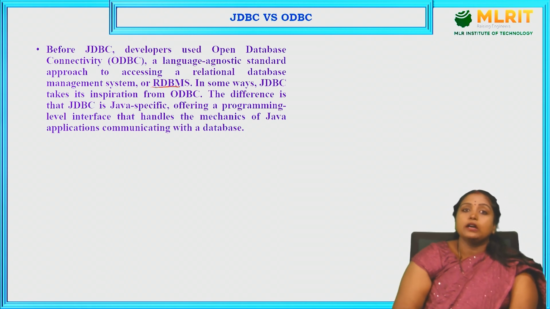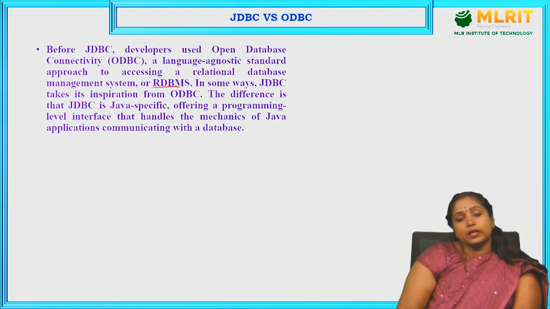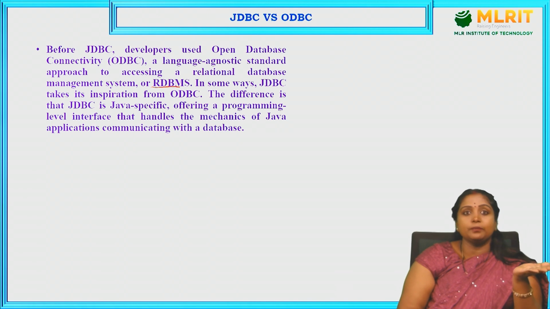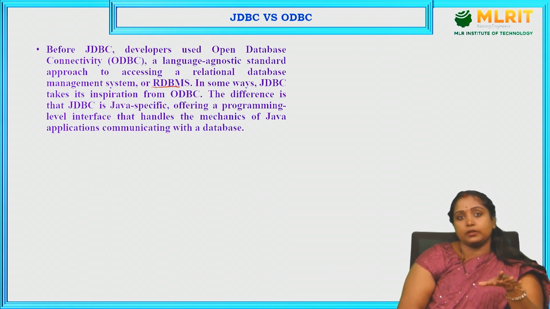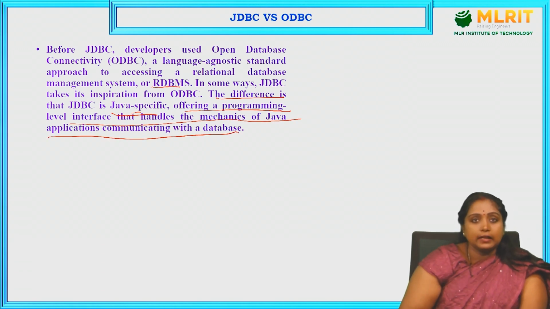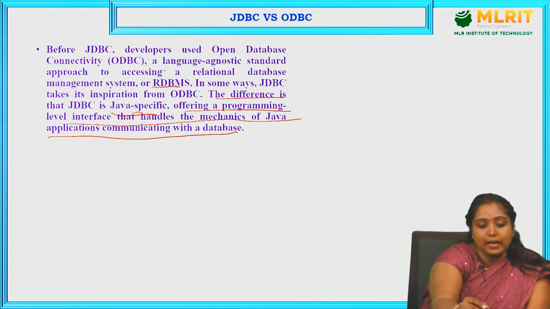This is related to relational database management systems. Previously, in Open Database Connectivity, they used some other native languages, and they introduced them into JDBC. The difference is that JDBC is Java specific, offering a programming level interface that handles the mechanics of how Java applications communicate with a database. Whereas ODBC is a language agnostic standard approach.